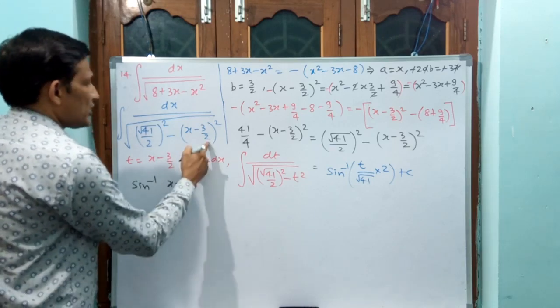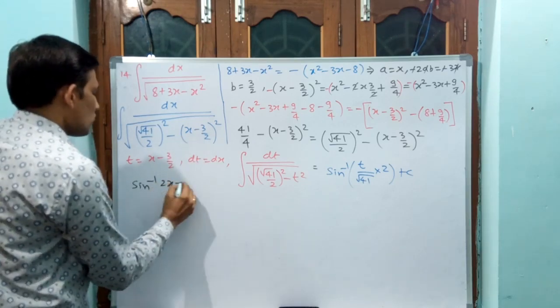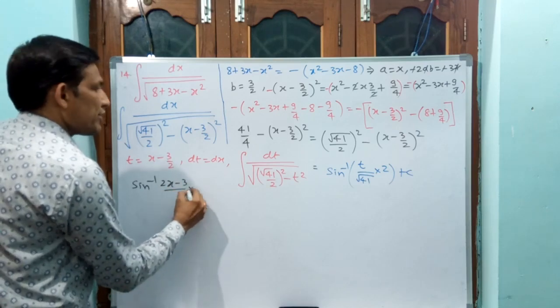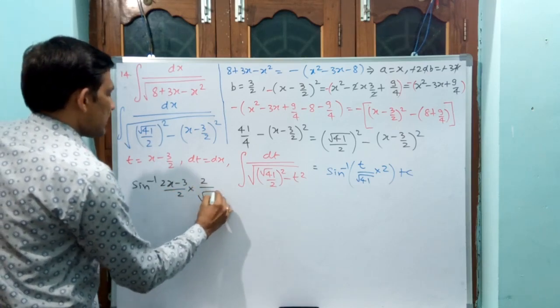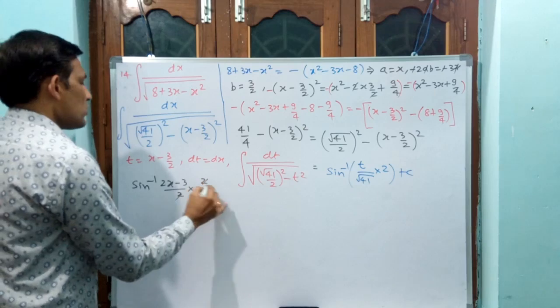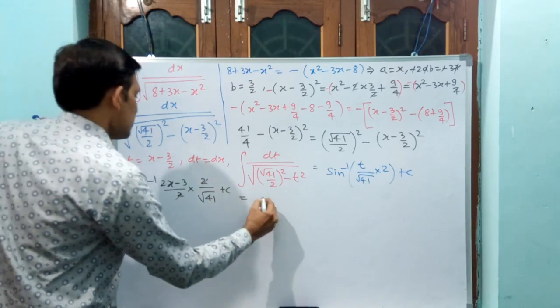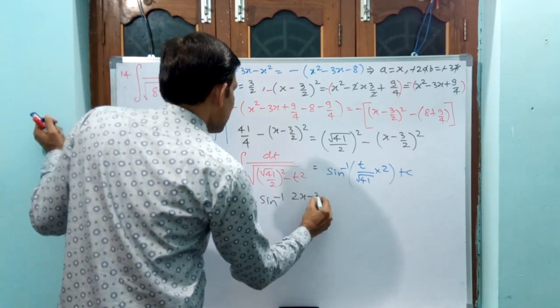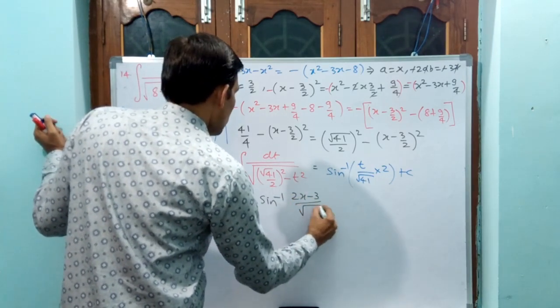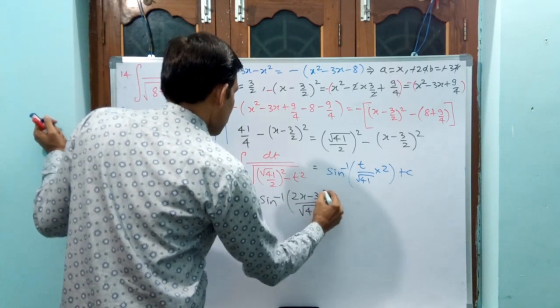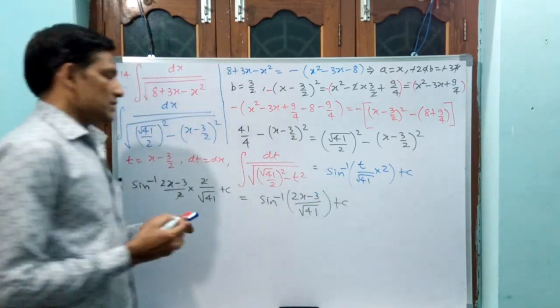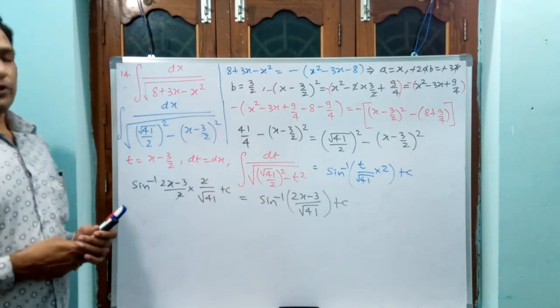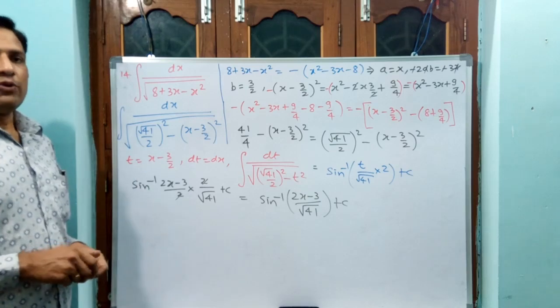Shall I write 2x minus 3 by 2, into 2 by root 41? 2 is going to get cancelled. Okay, that is equal to sin inverse of 2x minus 3 by root 41 plus c. This will be your answer for the 14th question. Okay, take this. We will go for the 15th question.